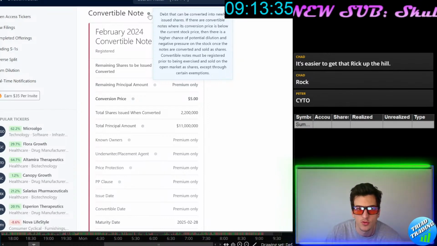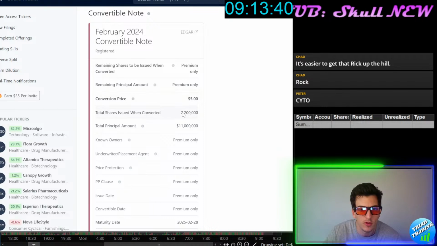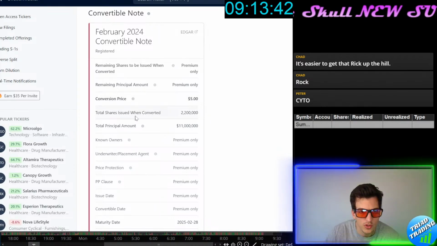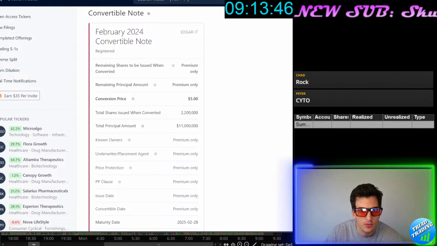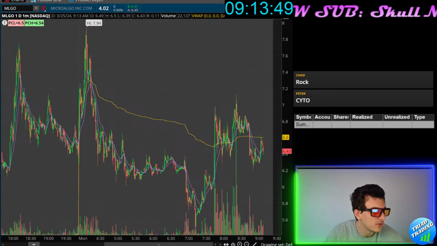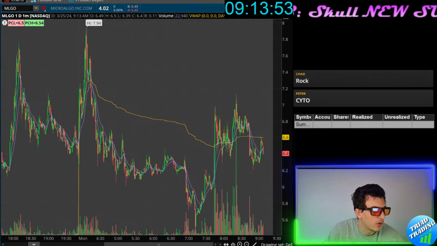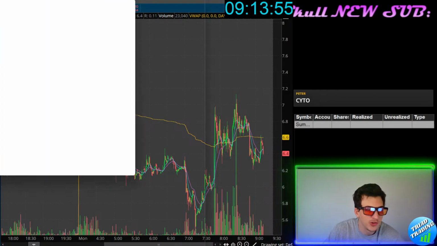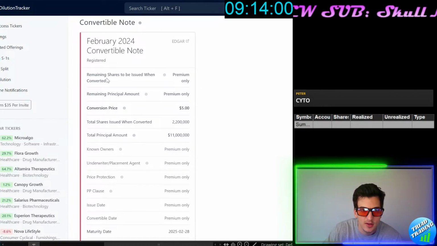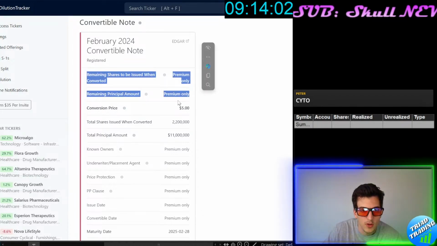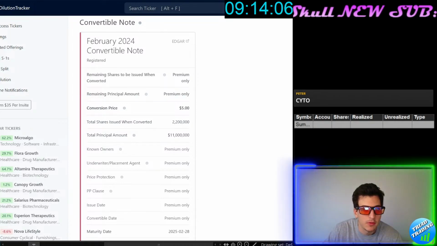Convertible notes must be registered, except certain exemptions. So it is already registered for $5. Total shares issued when converted, 2.2 million shares at a conversion price of $5. So they can convert that if they haven't already, which I don't have premium. I wish I did have premium. Might be worth it to invest in premium just to get that extra insight of how much remaining principal amount is left to be converted.